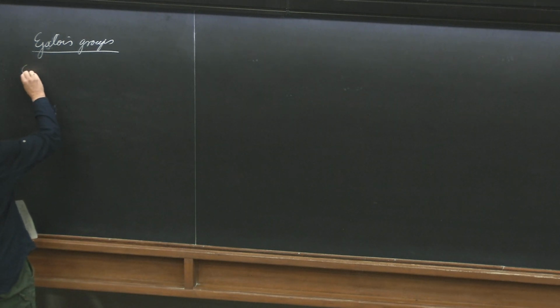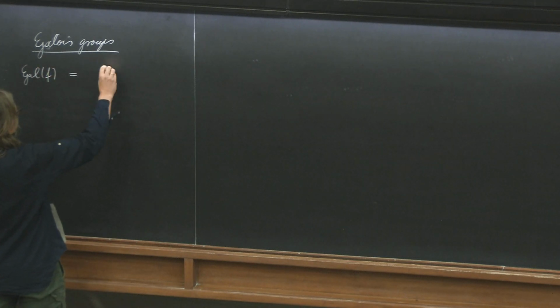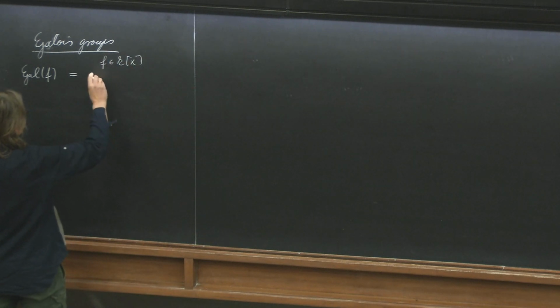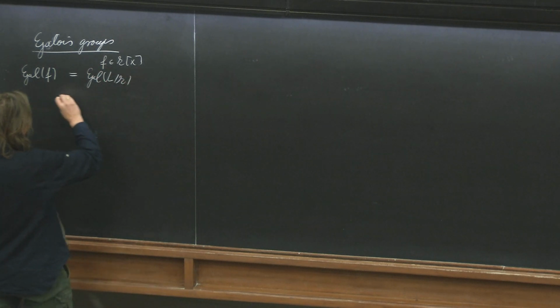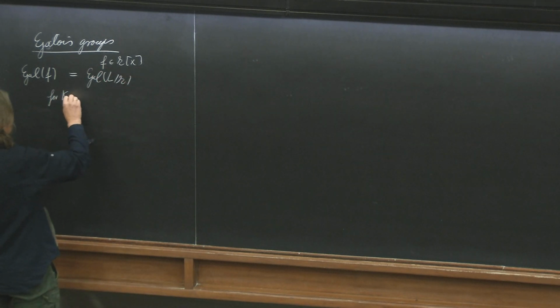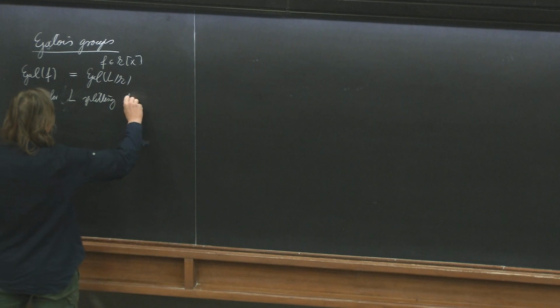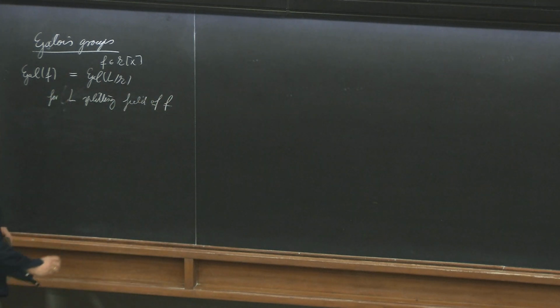So the Galois group of f is defined to be the Galois group of L over K, for L a splitting field of f over K.